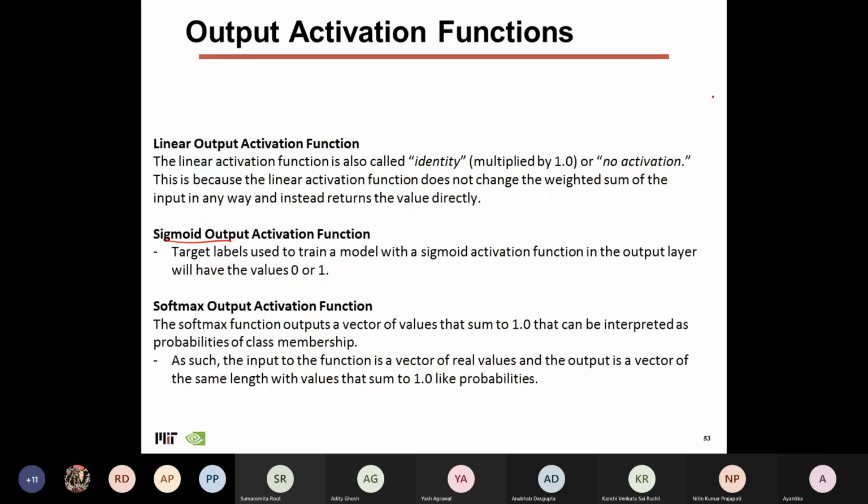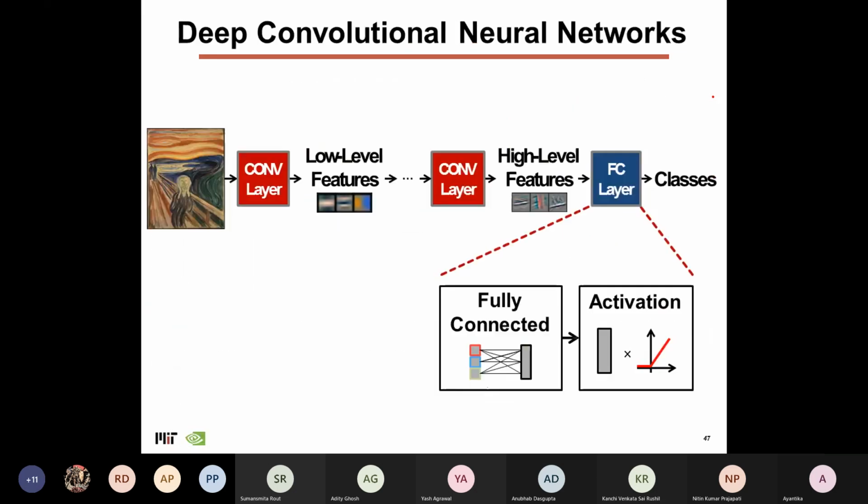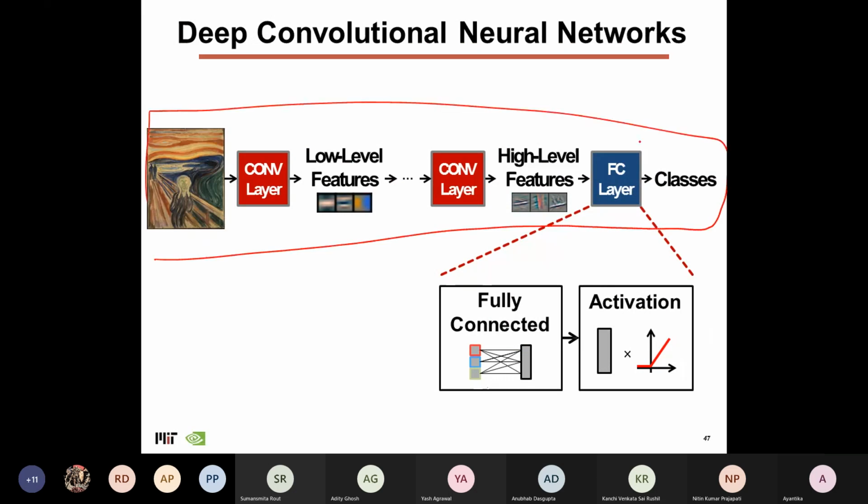In the examples we have taken, you can see the last layer was the fully connected layer. When we talk about the fully connected layer, we think of the activation as fused with that layer. That means the activation is a part of the fully connected layer, and together we call it the fully connected layer.